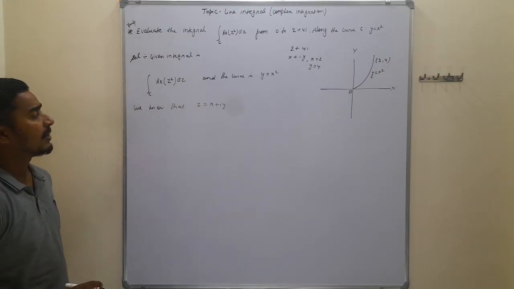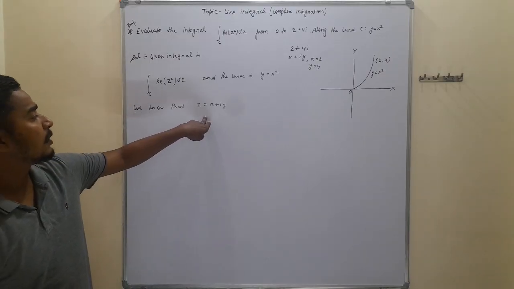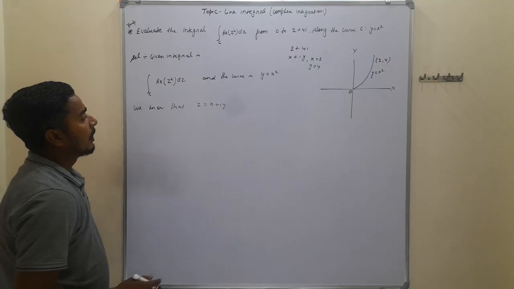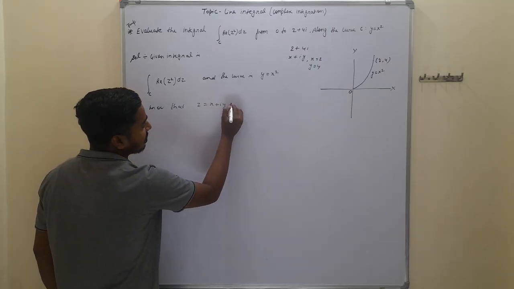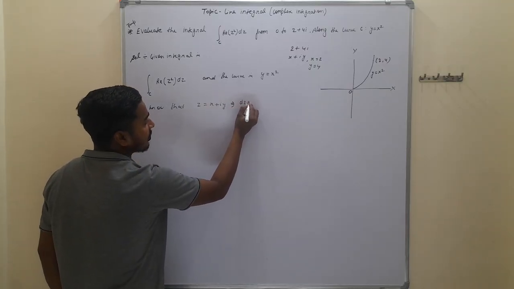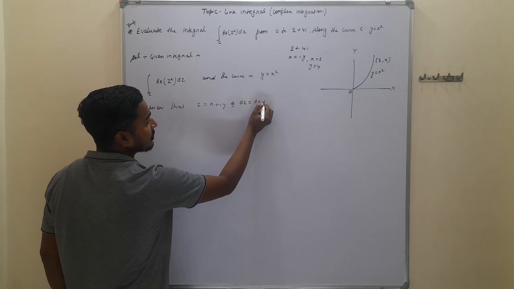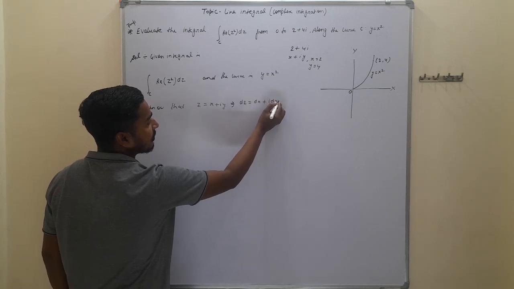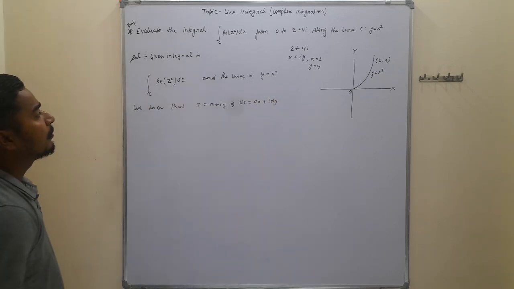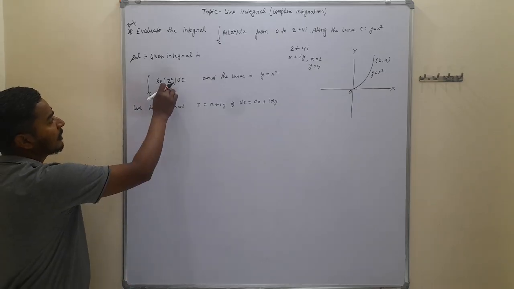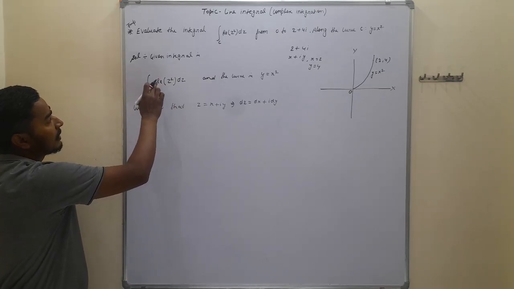We know that in complex integration z is equal to x plus iy, and further we can also write dz is equal to dx plus i dy, and we have to find the value in the given integral.